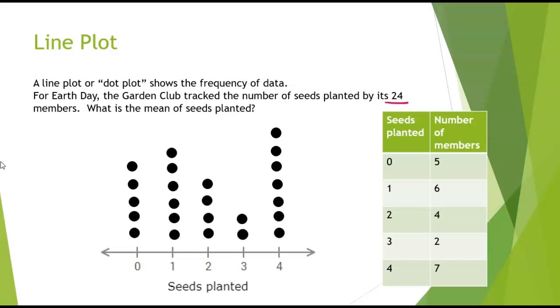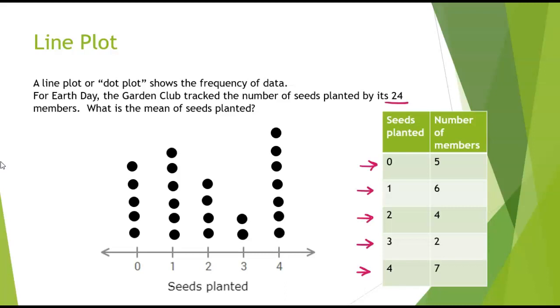But we're going to look at the table. The table shows us that 5 members planted no seeds, 6 members planted 1 seed, 4 members planted 2, 2 members planted 3, and 7 members planted 4 seeds.